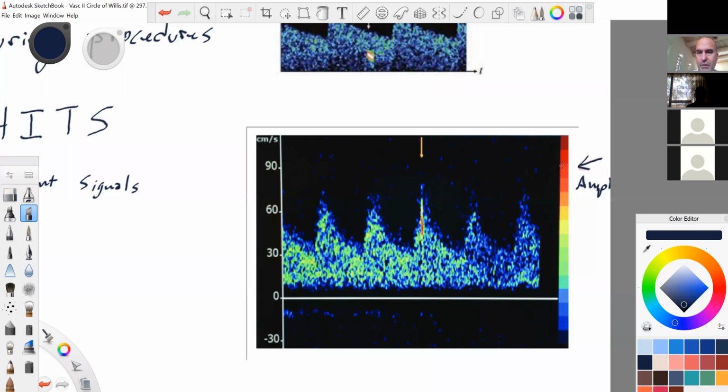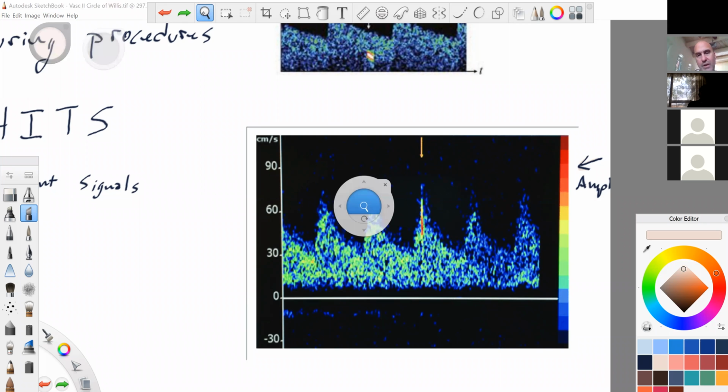So very high amplitudes are red, low amplitudes are green, lowest are blue. And so once again, this shows a red blip traveling along with the blood.